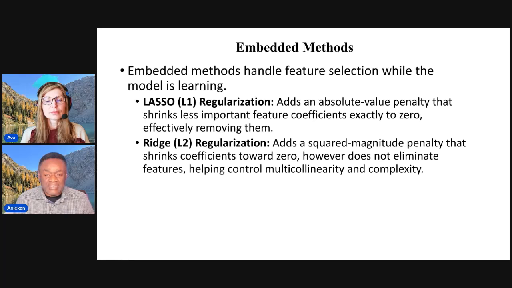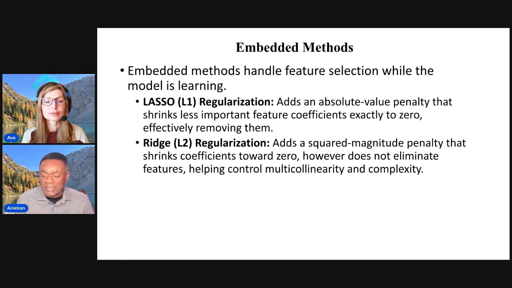So this adds an absolute value penalty that essentially shrinks the feature coefficients exactly to zero. And what does this mean? It means that it effectively removes those features. So if a feature isn't pulling its weight, so to speak, Lasso will eliminate it entirely. Hmm, interesting. And so this gives you a simpler model with only the most important features.